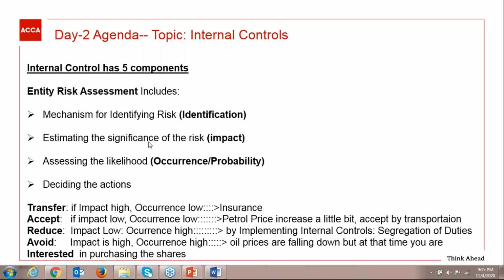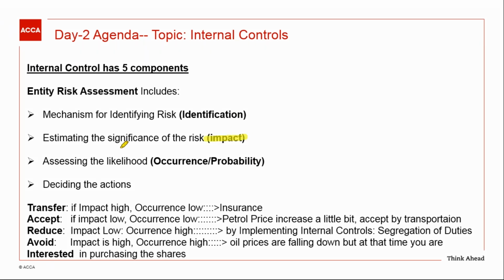Second is estimating the significance of the risk, their impact, their result, their output. And the third element is the occurrence of the event. Assess the likelihood: how many times this risk can occur, what's the frequency, or you can say what's the probability of the event.